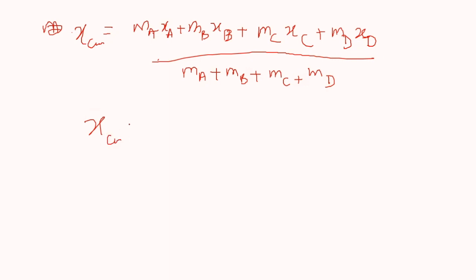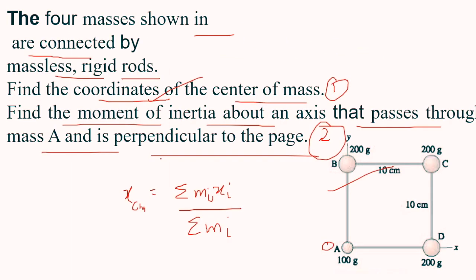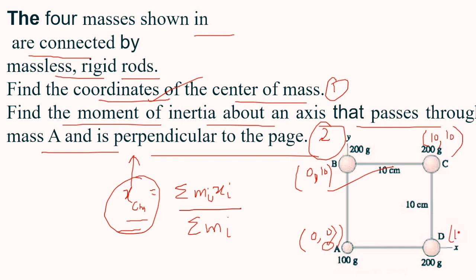Since A is the reference point, XA will be 0. When finding the x component of the center of mass, we first write the coordinates. So this is (0, 0). B is (0, 10), C is (10, 10), and D is (10, 0).